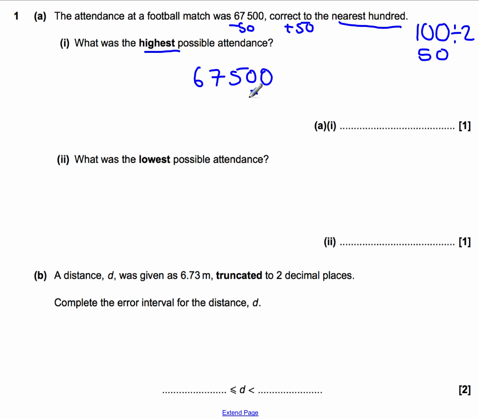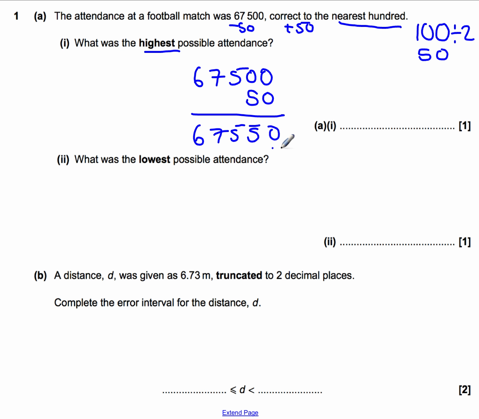When looking at the highest possible value, you would take 67,500, add on 50, and that adds to be 67,550. Now just read the question carefully, because if you were to round this figure to the nearest 100, it would round up.